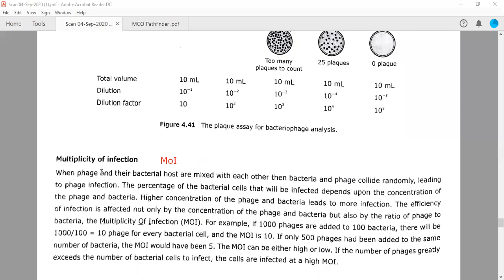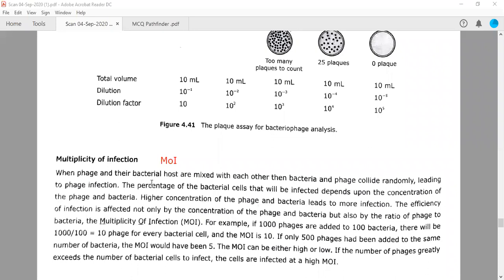When bacteriophages and their bacterial host are mixed with each other, then the bacteria and the phage will collide randomly. And these random interactions or collisions lead to the phage infection. So ultimately what will happen, the viral particle will enter into the bacterial cell and it will infect the bacterial cell, right?